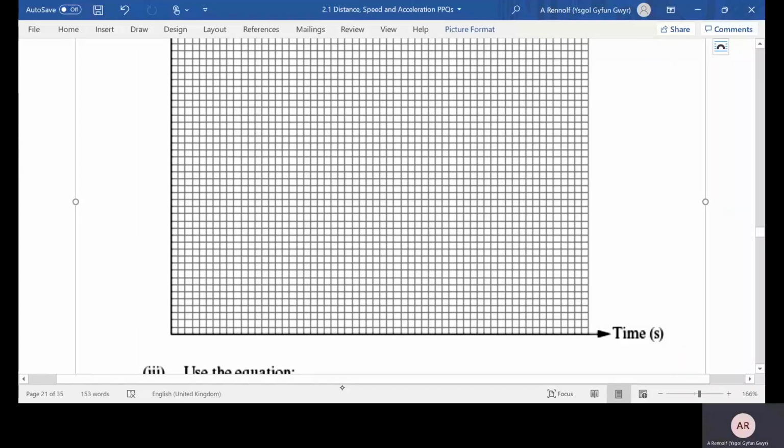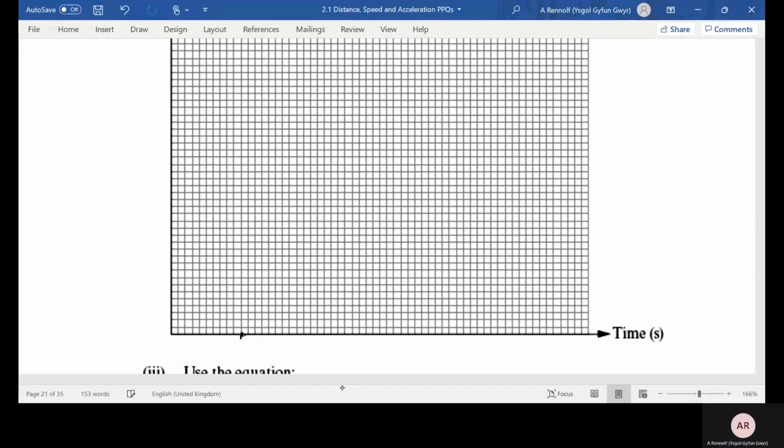which we should have, well, we should be going across in 2s for our time. So 1, 2, 3, 4, 5, 6, 7, 8, 9, 10. I can't see very well on the laptop screen, so I'm going to guess to an extent where these are. 2, 4, 6, 8, 10, like that.